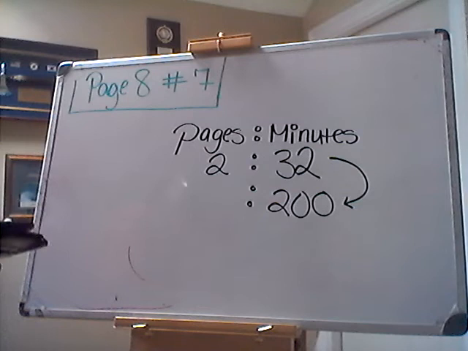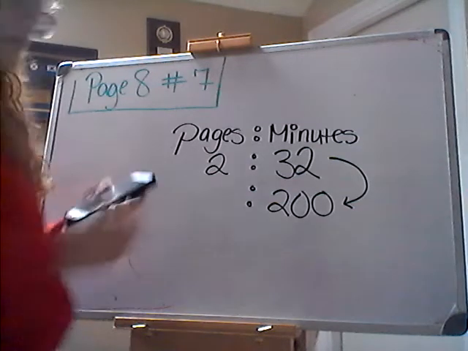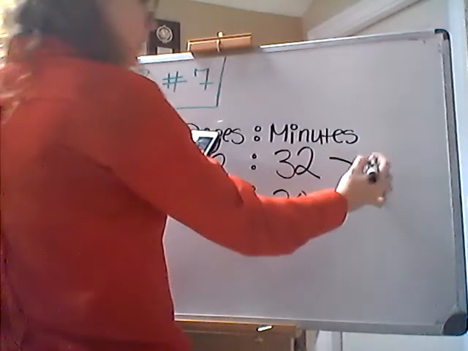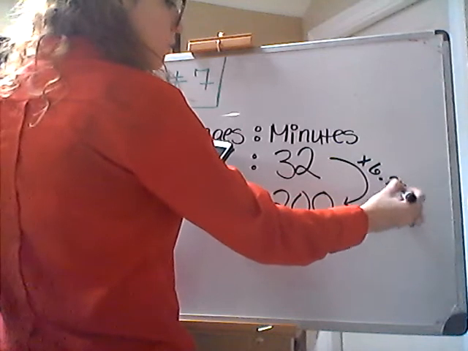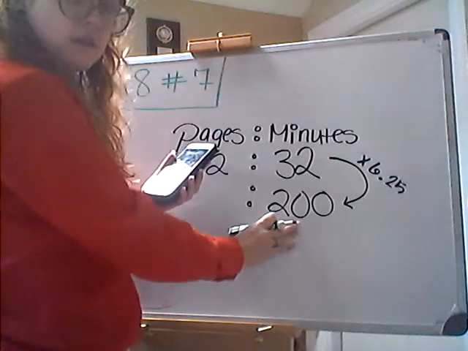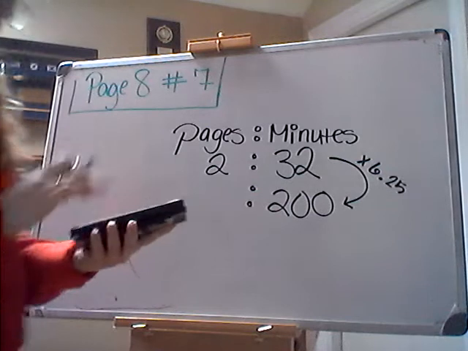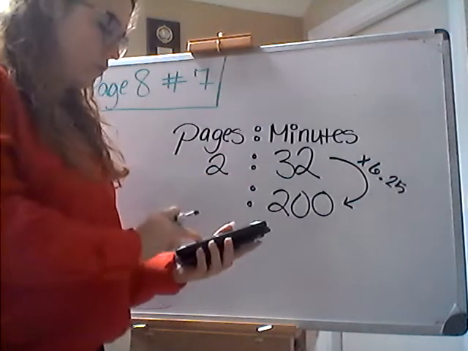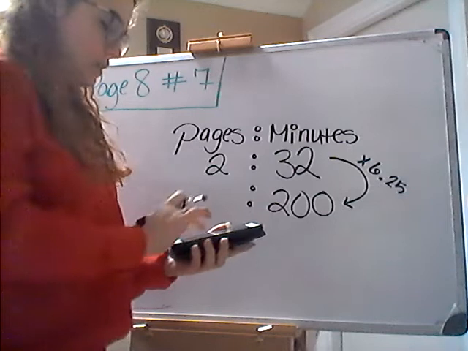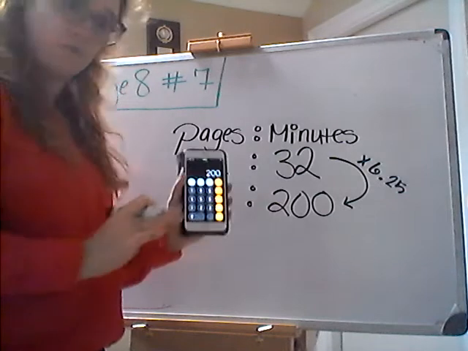I got 6.25. That means that 32 times 6.25, or 6 1/4, should give me 200. Now I'm going to test that in my calculator, make sure I was thinking straight. Okay, 32 times 6.25, 200.